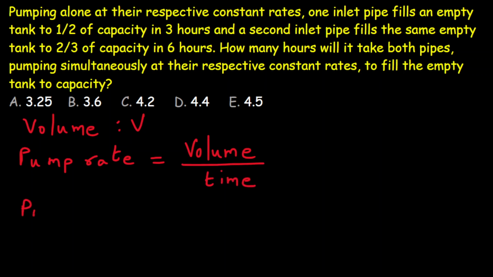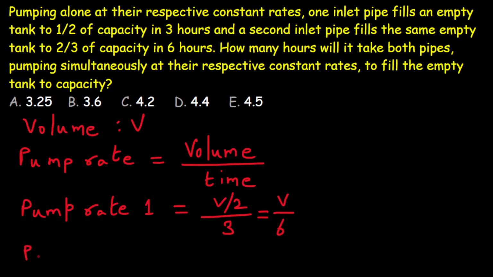So, pump rate for tank 1, let's call it pump rate 1, would be equal to half the volume, so it would be V over 2, divided by 3 hours. So divide by 3. This comes out to be V over 6.